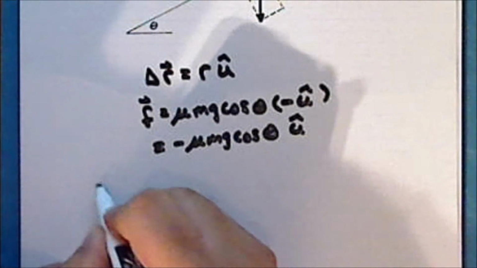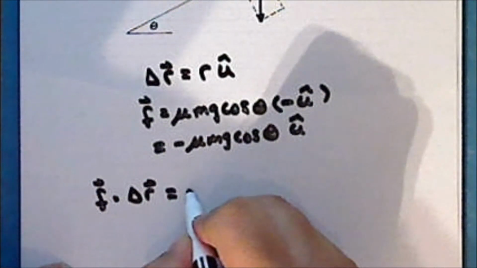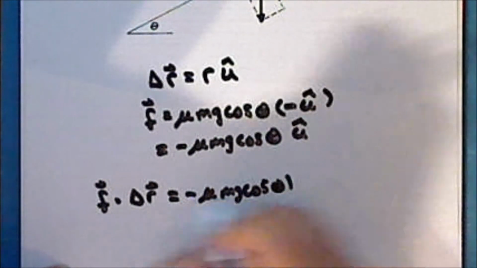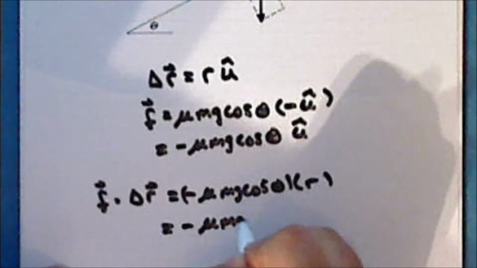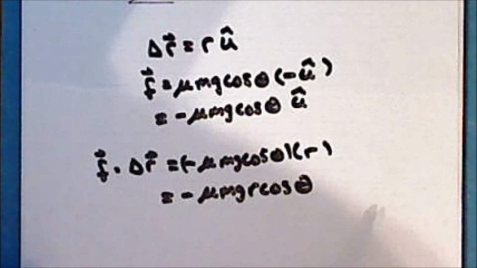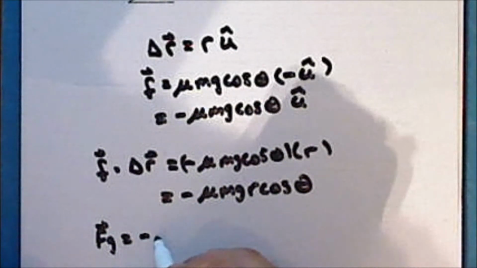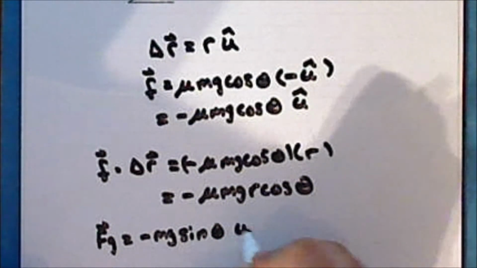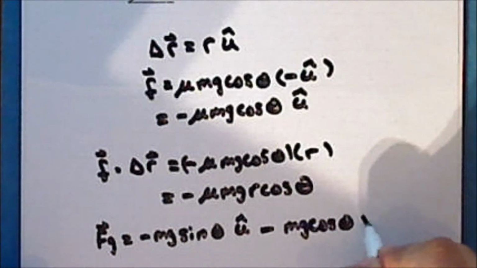And so the dot product of the force of friction with the displacement vector is negative mu mg cosine theta times r, or negative mu mg times r cosine theta. Now recall that the gravitational force is negative mg sine theta times u hat minus mg cosine theta times v hat.